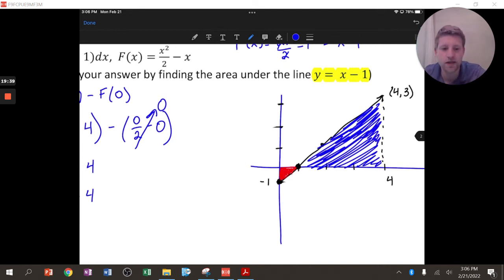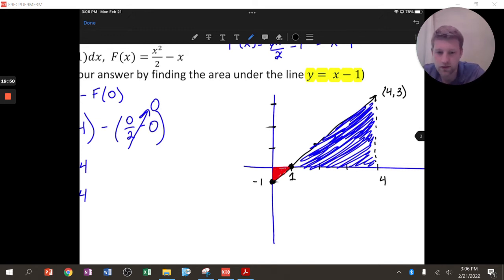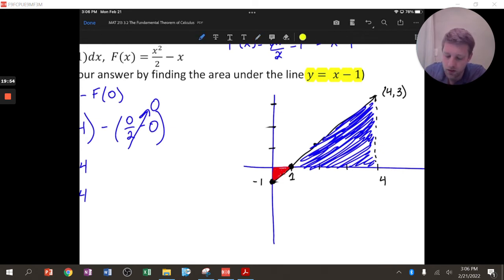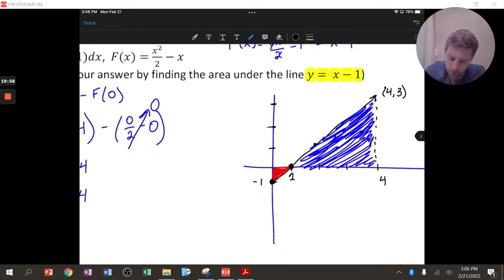Let's consider, with the area that we have, what the total integral should be. This is at x equals 1, where we have that changeover. That small red triangle is really a 1 by 1 triangle, which gives us a negative 1/2 in area. So it'll contribute negative 1/2 to the integral itself.